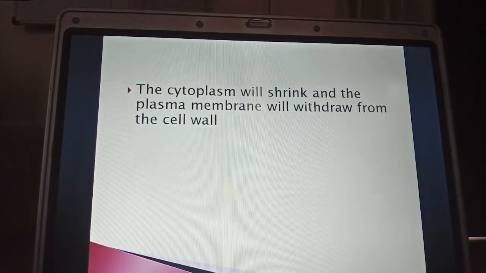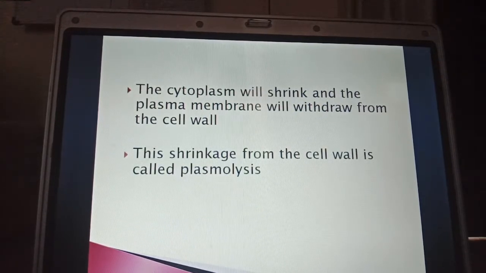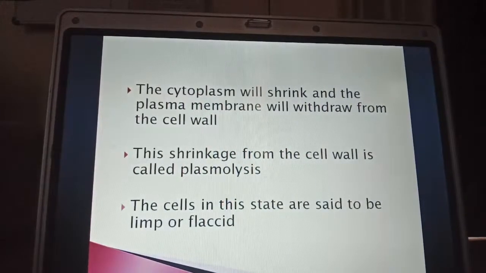The cytoplasm will shrink and the plasma membrane will withdraw from the cell wall. This shrinkage from the cell wall is called plasmolysis. So the shrinkage of this plasma membrane from the cell wall is termed as plasmolysis. The cells of this state are said to be limp or flaccid.